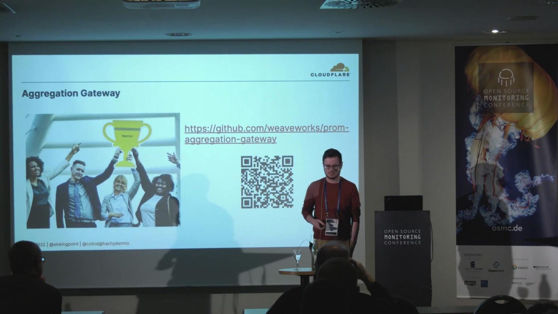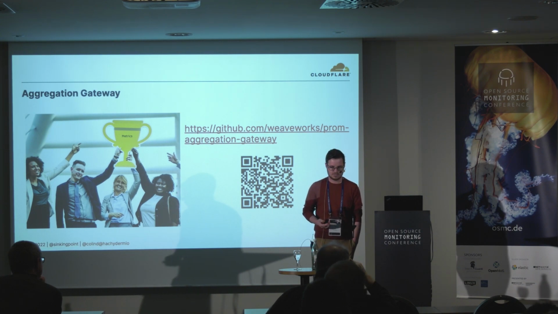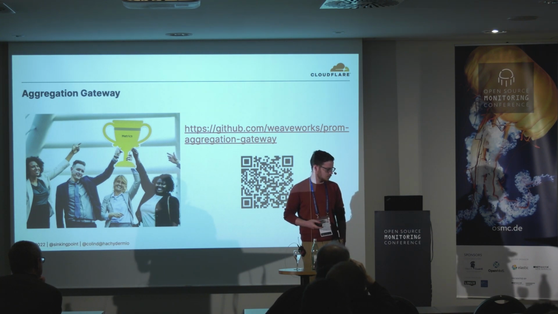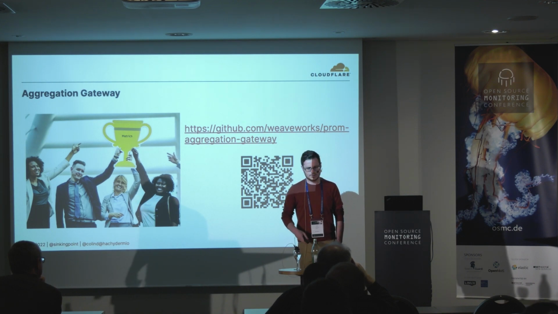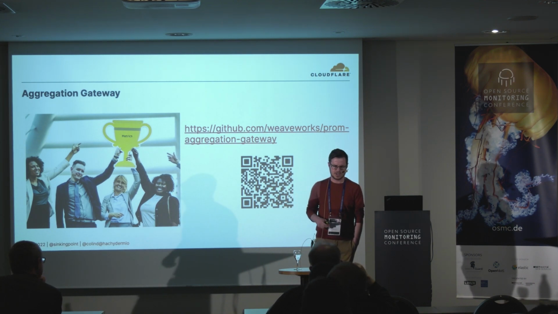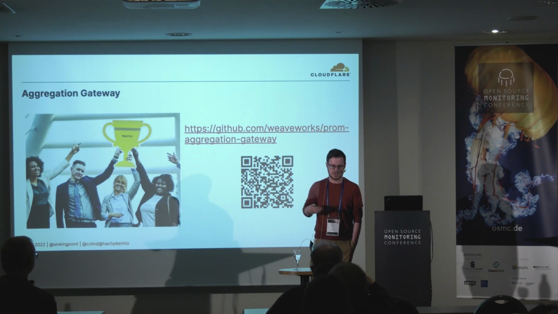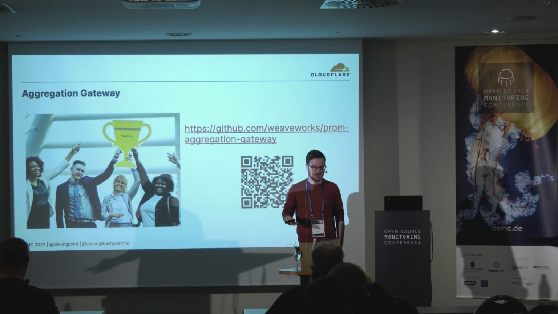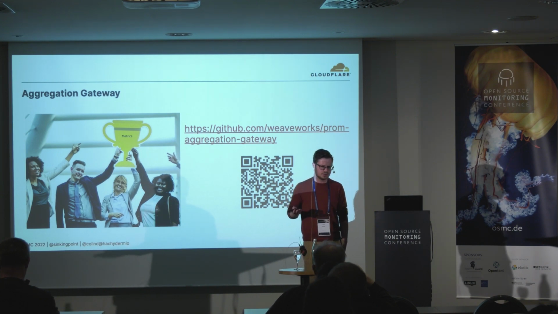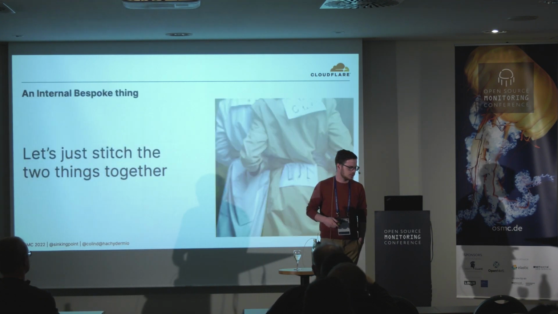And by aggregate, we just mean sum. It's a fancy word. So ostensibly, the aggregation gateway solves all of our problems. We can push metrics from our serverless functions. We can aggregate them. So what's the issue?